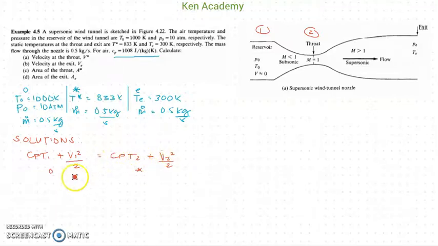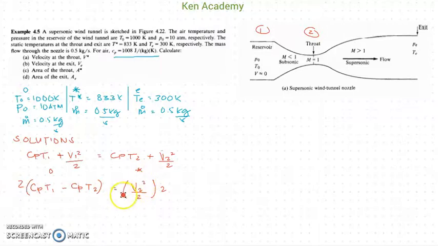So let's just simplify the equation. CpT1, V1 is 0, so I will not include that here. I will transpose CpT2 to the other side. I am left with V2 squared over 2. Now to remove 2, I will multiply both sides of the equation by 2.